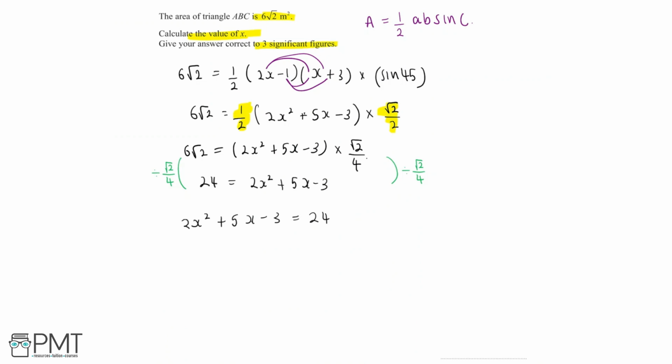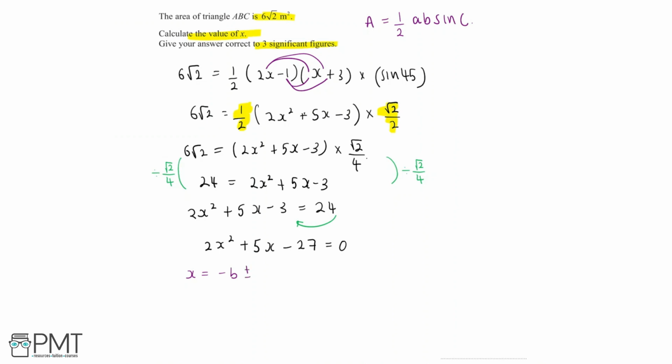And now bringing the 24 over to the other side, we can say that 2x squared plus 5x minus 27 is equal to 0. And now since we're left with a quadratic equation, we can use the quadratic formula to solve for x. We can say that x is equal to minus b plus or minus root b squared minus 4ac, all over 2a.